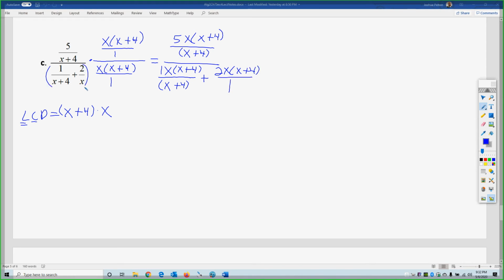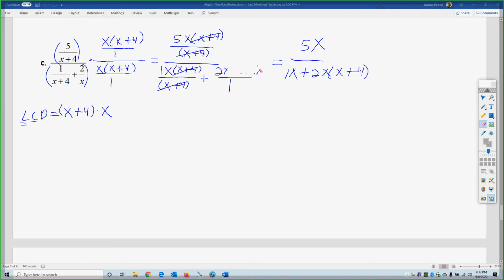Because again, it has to go to both terms on the bottom and the one term on top. So cancel, cancel, cancel, cancel. So I'm left with just the 5x on top. On the bottom, I'm left with 1x plus 2x times the x plus 4.